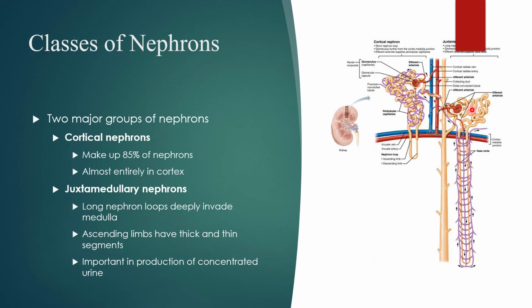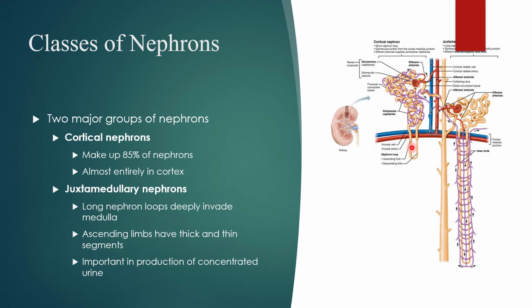Now there's a handful, about 15%, which you call the juxtamedullary nephron. They have a long loop of Henle that extends all the way down throughout the entire length of the medulla. They really invade deeply into the medulla. The ascending limbs have thick and thin segments, and they're very important in the production of concentrated urine.